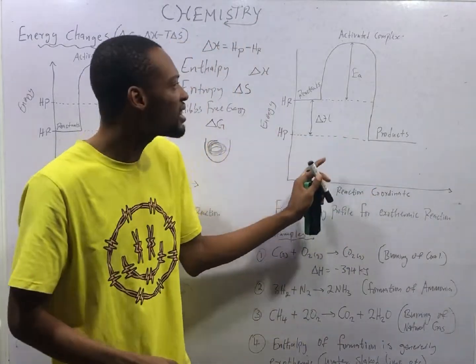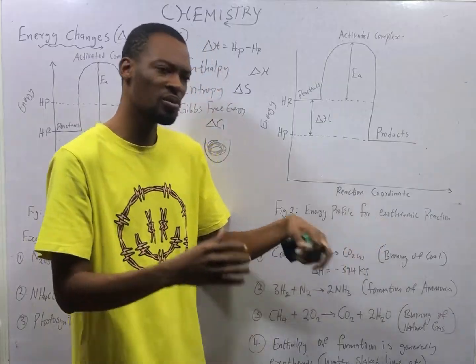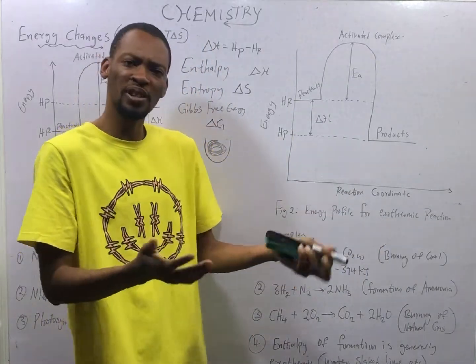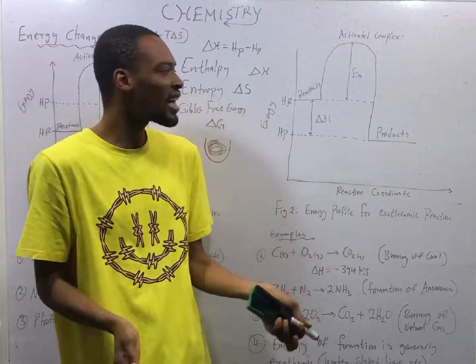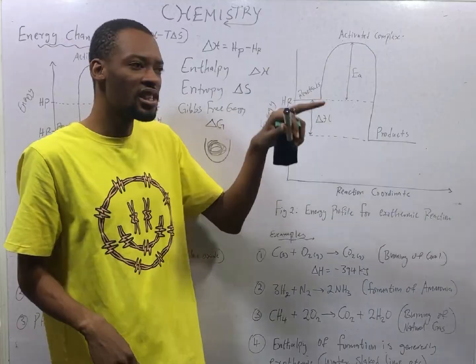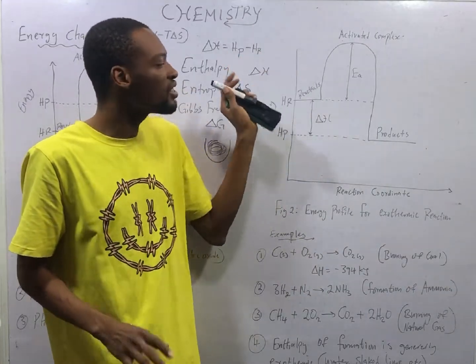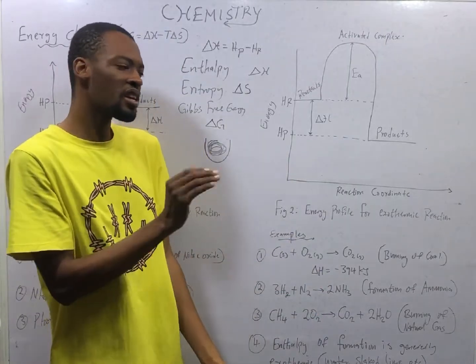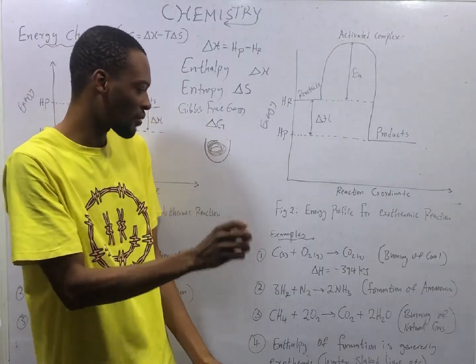I've said 3 things about exothermic reactions. Exothermic reactions give out heat to the surroundings. The reactant gives out heat, the product gets hotter, and delta H is negative because the heat of the reactants is more than the heat of the product. And since it gives out heat, in an exothermic reaction, the reactive vessel will get hotter.